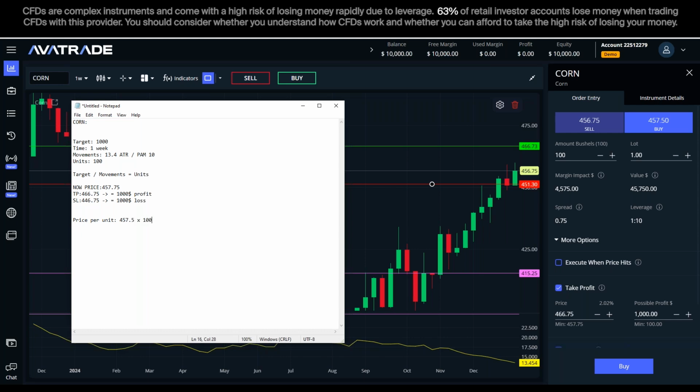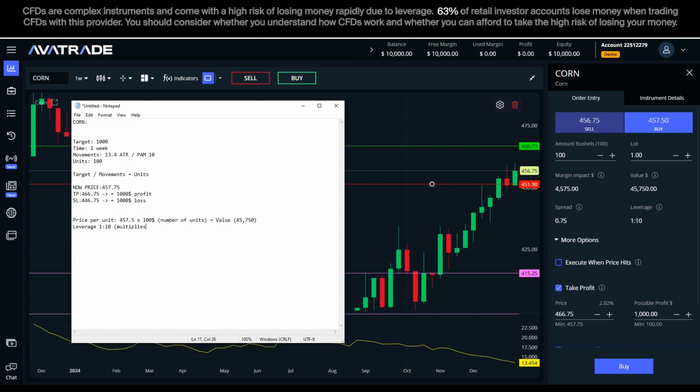I multiply this by 100, the number of units, and that equals the value, which is 45,750. And now I have a leverage of 1 to 10.